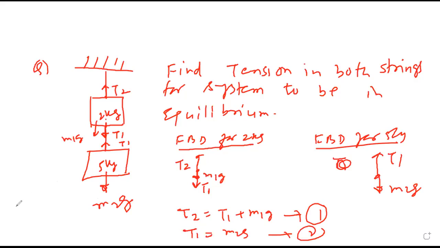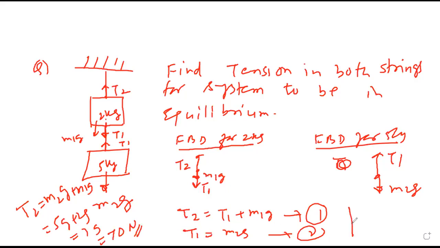So we can say T2 will be T1, which is m2g, plus m1g. That is 5g plus 2g, so 7g, which will become 70 newton. That is tension T2. And T1 will be 50. These are the two values of tension at equilibrium.